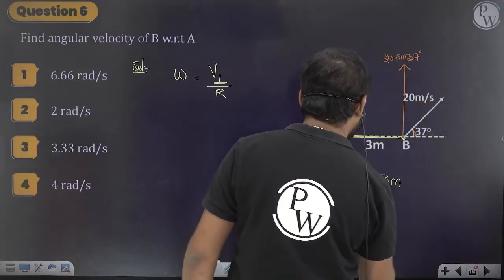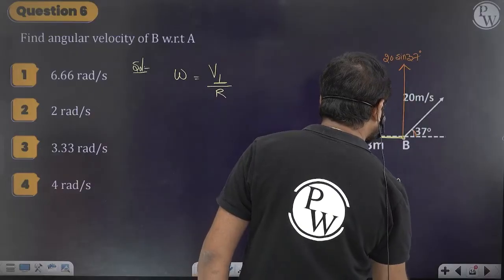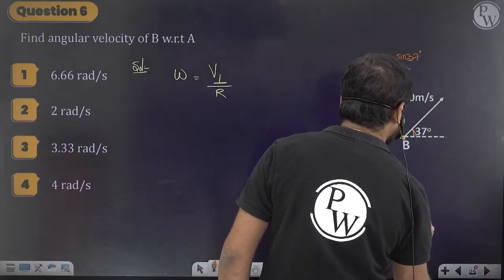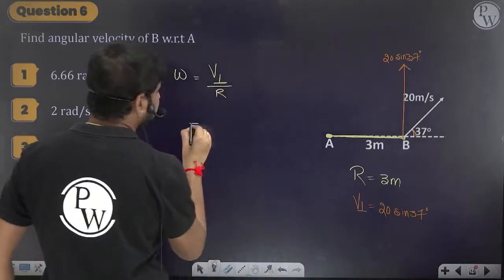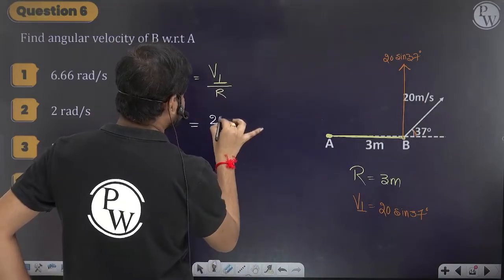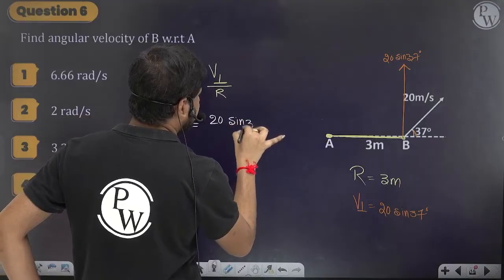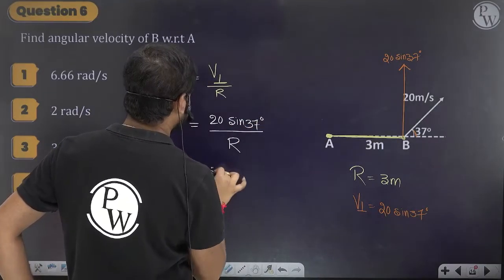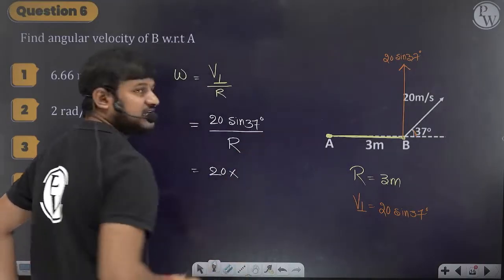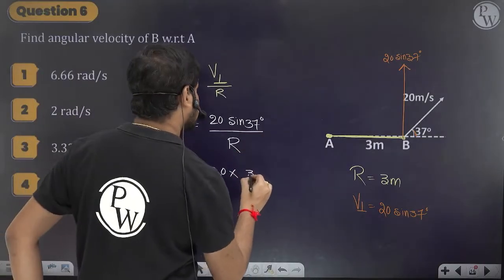Therefore, V perpendicular is 20 sine 37 degrees by the radius r. Now substitute the values. So 20 into what is sine 37? 3 by 5. Yes or no?